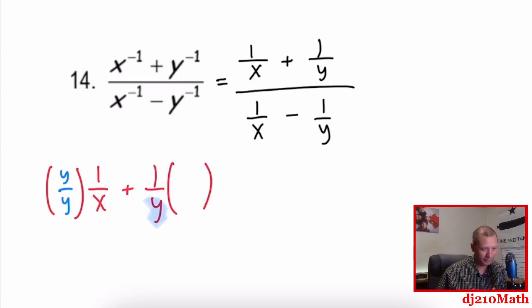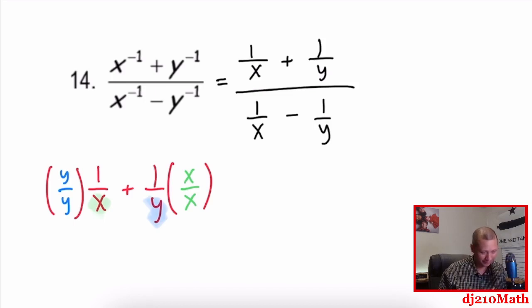Y over y, anything over itself is 1. So I'm multiplying this by 1 and I'm not changing the value. 1 times anything is itself. I'm just using a clever 1. And the same is true for the other side. So again, the fastest way to a common denominator is to just multiply the other side by what's in the denominator of the other side.